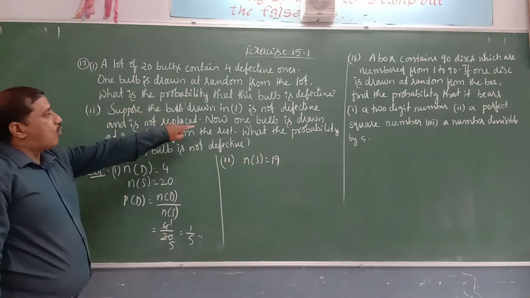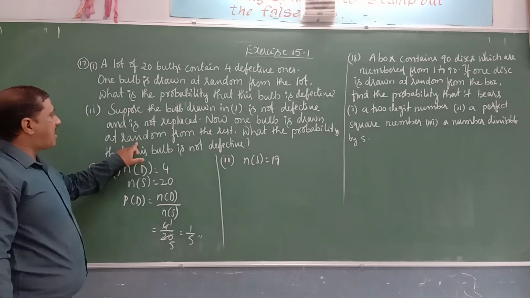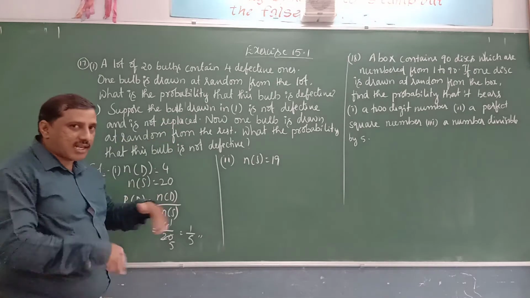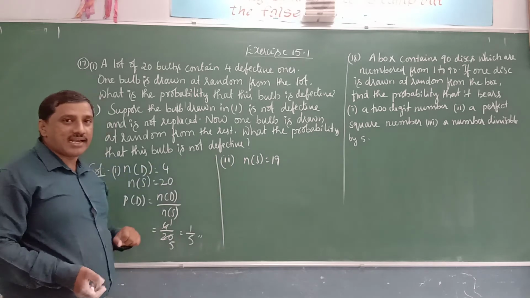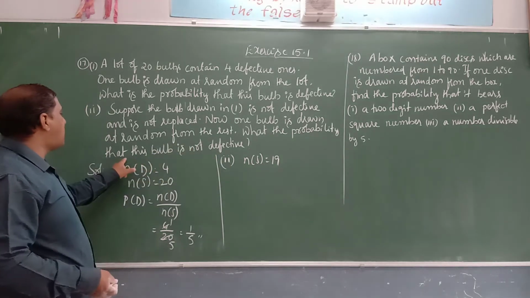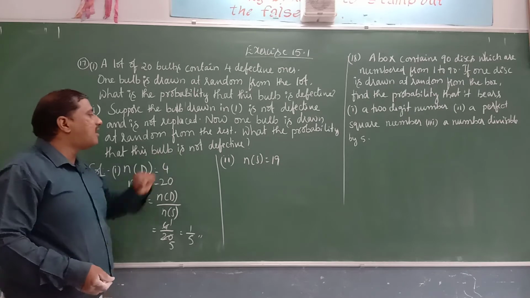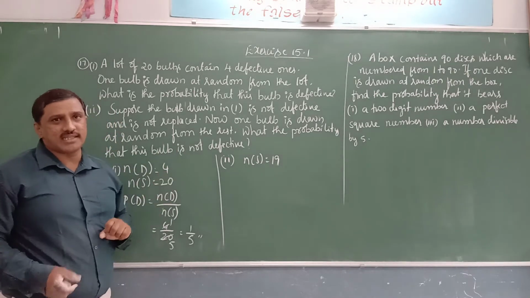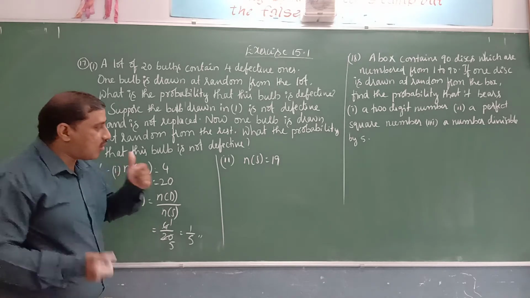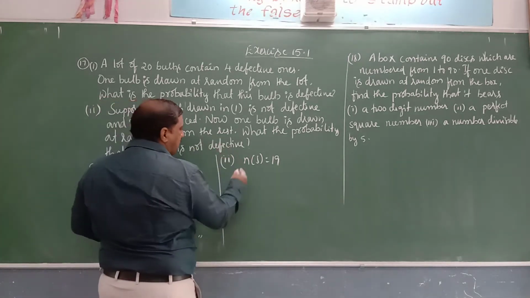Now, one bulb is drawn at random from the rest. The rest of the bulbs means the remaining bulbs. How many are there? It is 19. What is the probability that this bulb is not defective? Not defective means it is a good bulb. So what is the probability of the bulb being good?